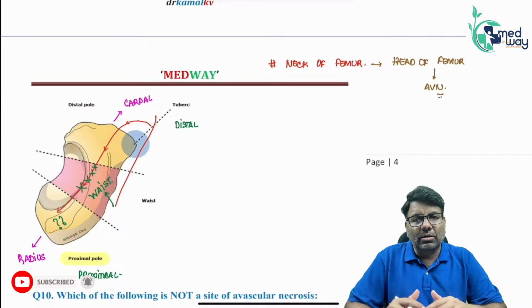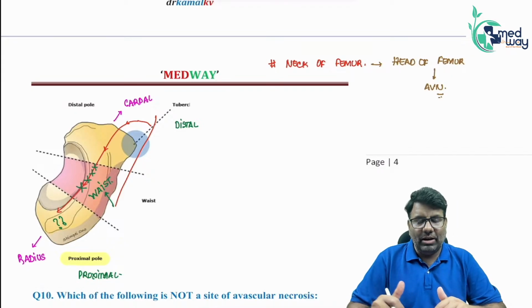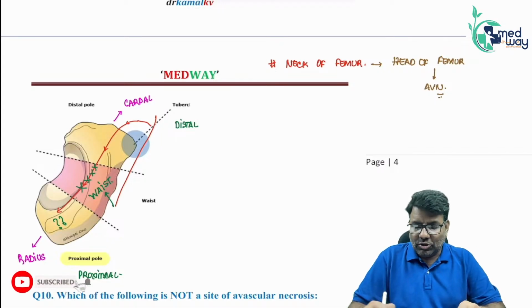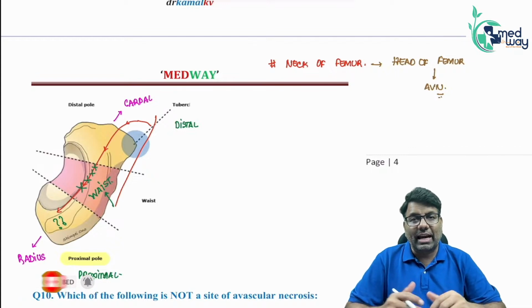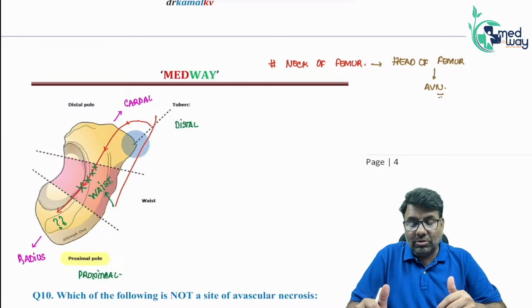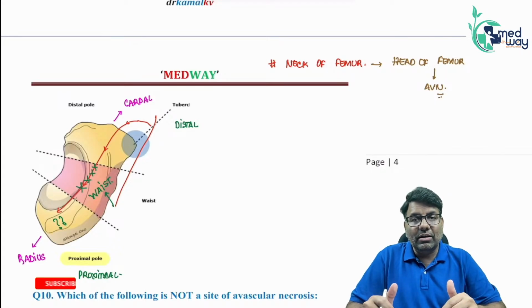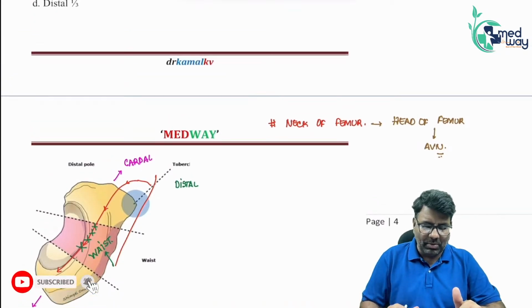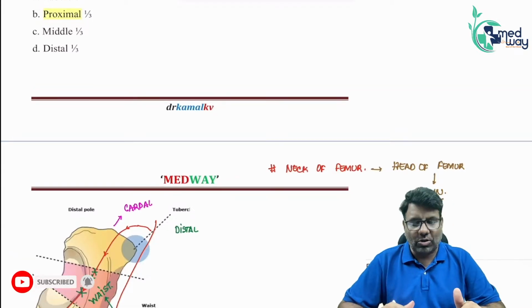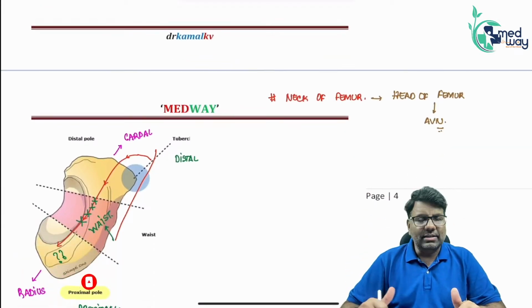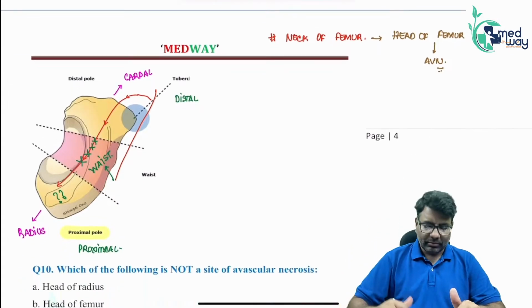Again, the pattern of blood flow is like that only, because the arteries are traveling through the neck to the head. So if there is any fracture in the neck region, the arterial blood flow to the head will be compromised, and there is possibility of AVN of the head, right? So please remember this. In scaphoid, it is proximal 1/3. In femur, it is head of femur.